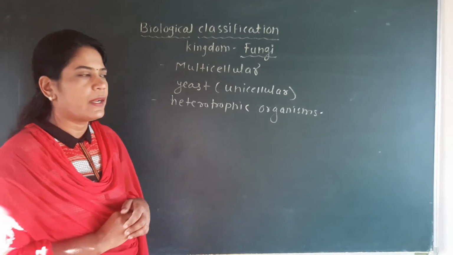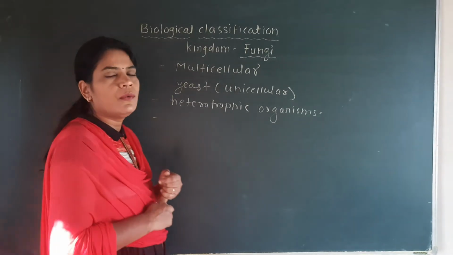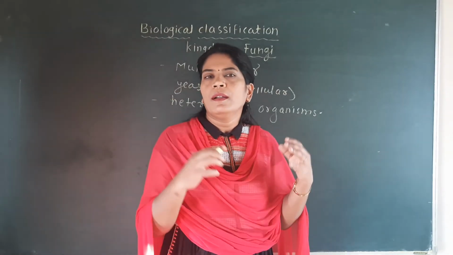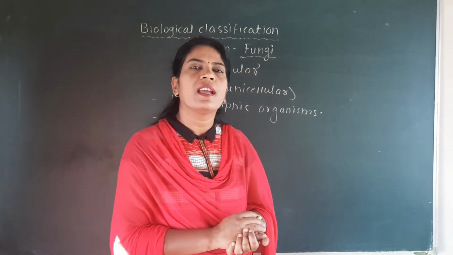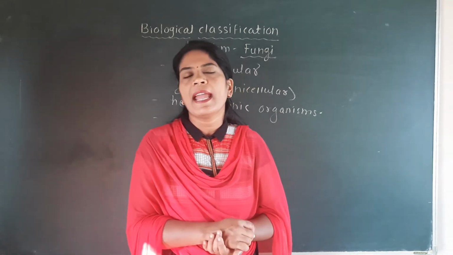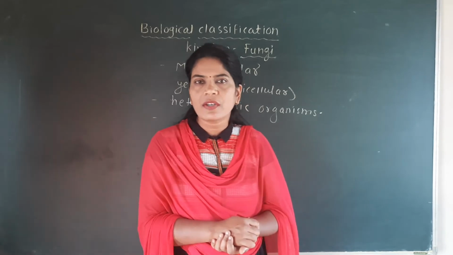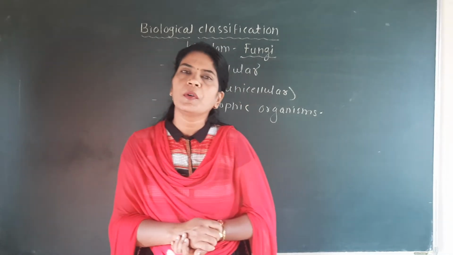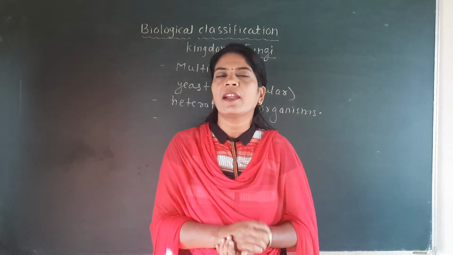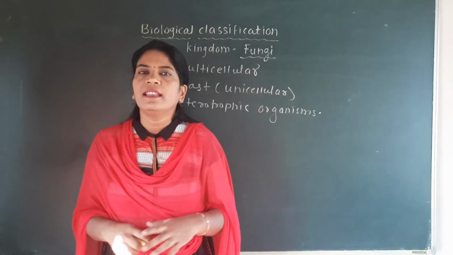Next point, they have different morphological structures and are found in different habitats. Different morphological structure means there are a number of examples of fungi, but all fungi differ from each other in their structure.